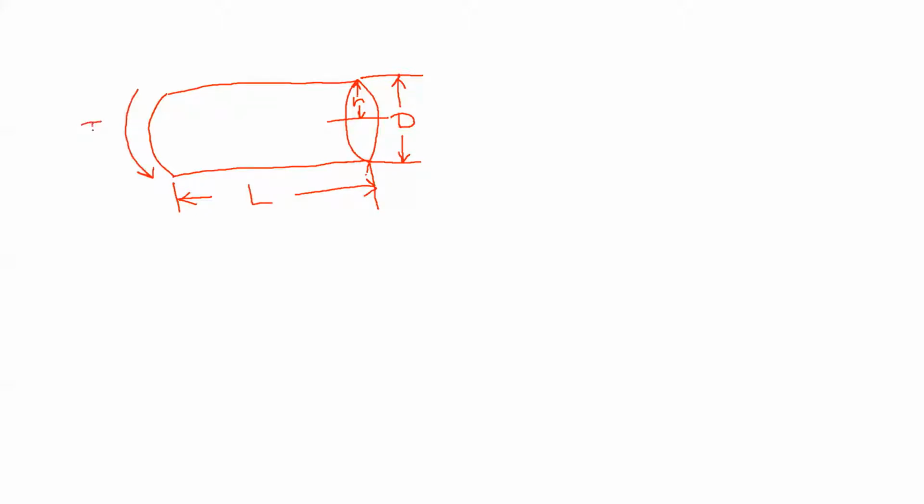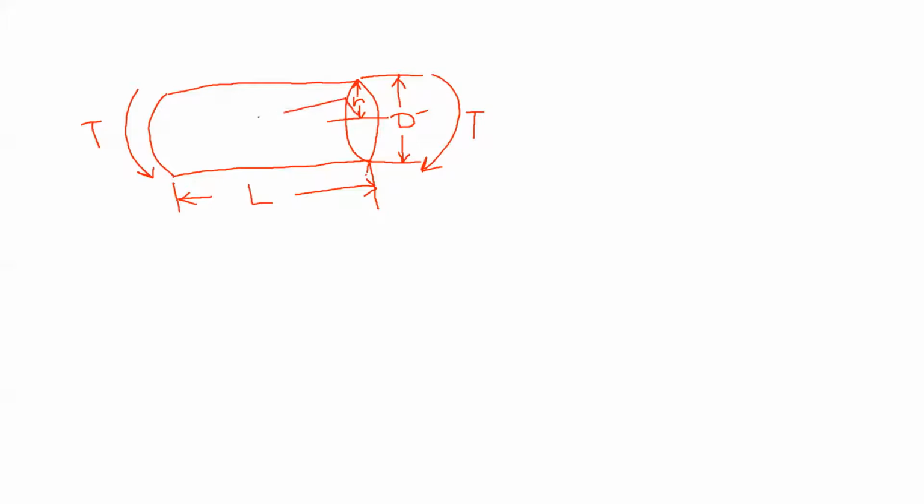One more thing: where the twisting occurs, there will be the torsion, which is represented by T. And what is the unit of torsion? It is torque. The unit of torque is pound-feet, or you can say Newton meter. And what about another thing? Let me show you.